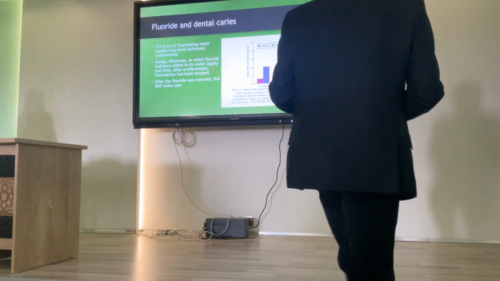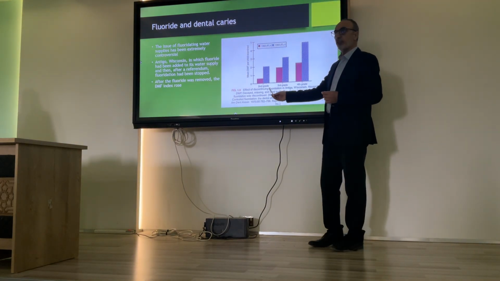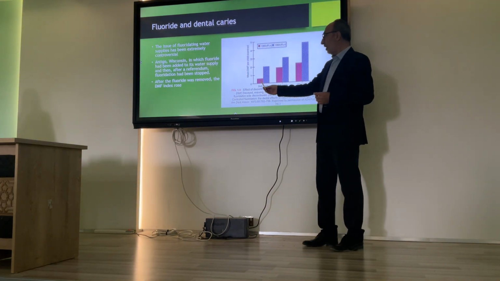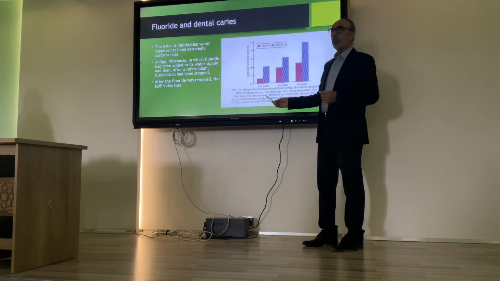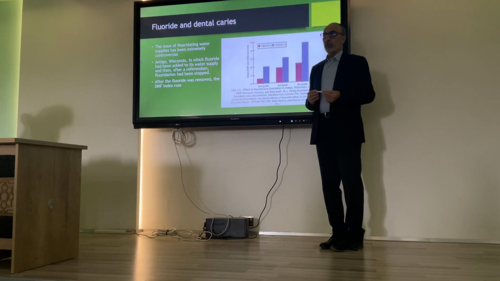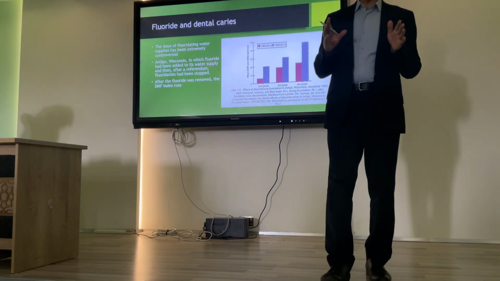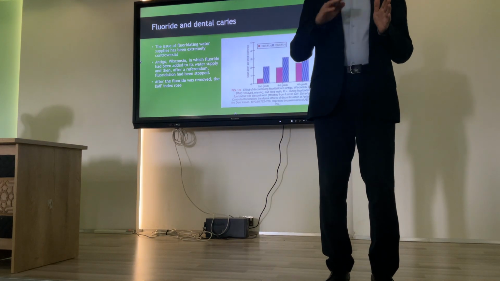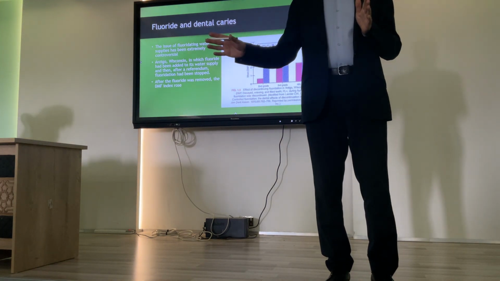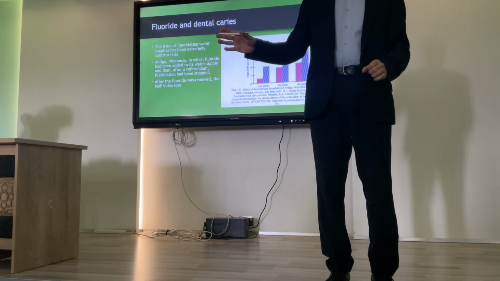And you see that after discontinuation of fluoridation in some states, the number of DMF again rose. So we have three pieces of information. First, an observational study shows that states with higher level of fluoridation had a lower level of dental caries.